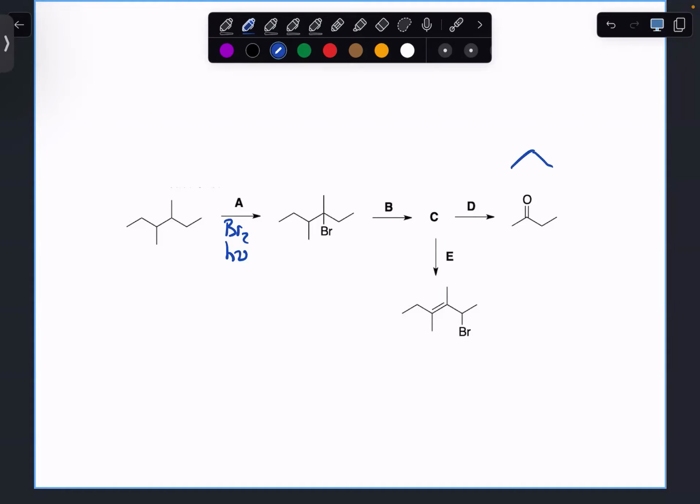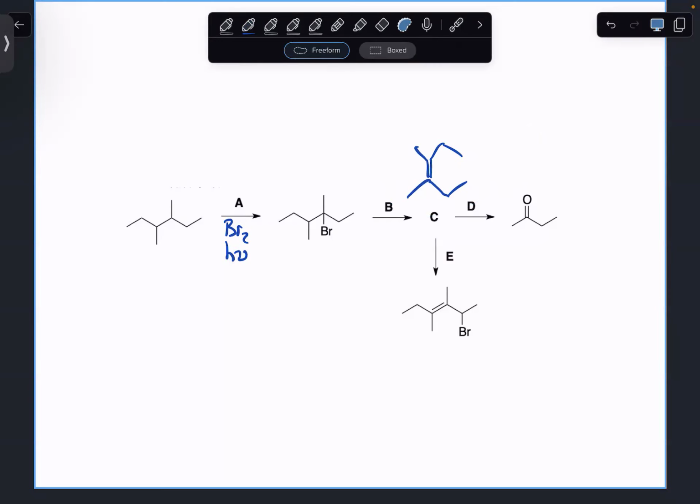So we should end up getting something that looks like this. That should be letter C, because can you see how if I did the oxidative cleavage of that, I would get two molecules of the butanone. Okay, so that's going to be my letter C.